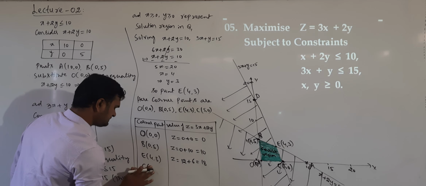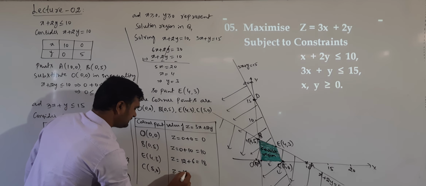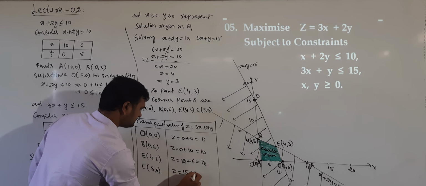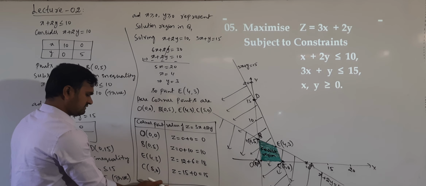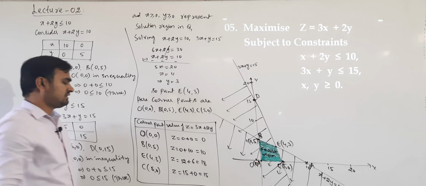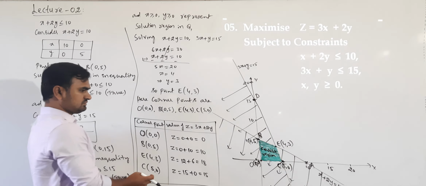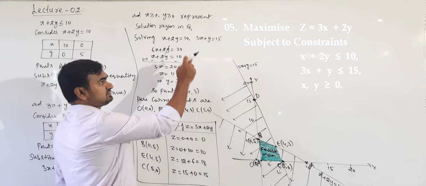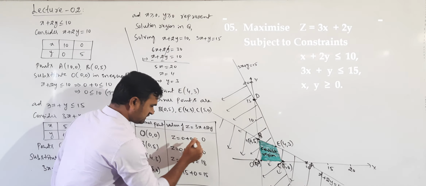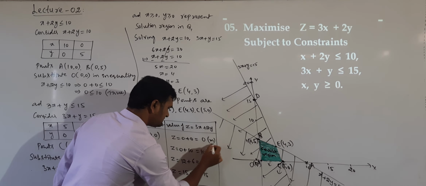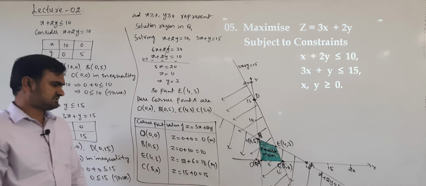Next 5, 0, Z value 15 plus 0. So these are the values of Z at each of the corner points for 3x plus 2y. Now what we require is to maximize Z. So out of all these values of Z, what is the least? Least is 0, greatest is 18.